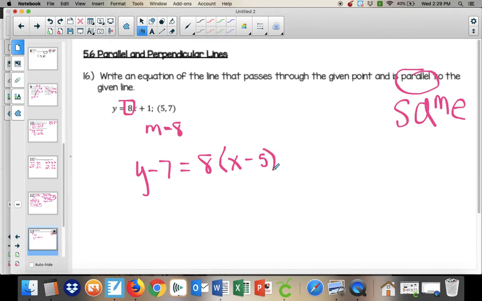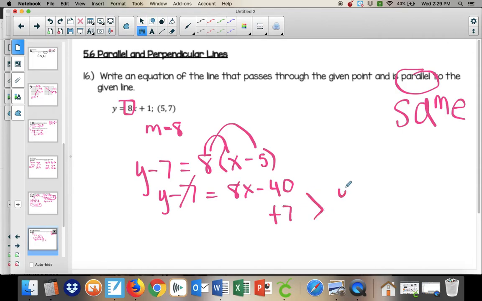So I put it into point slope form and solve. Distribute. Y minus 7 is 8x minus 40. Add my 7. So my final answer, y equals 8x, same slope, minus 33, different y-intercept.